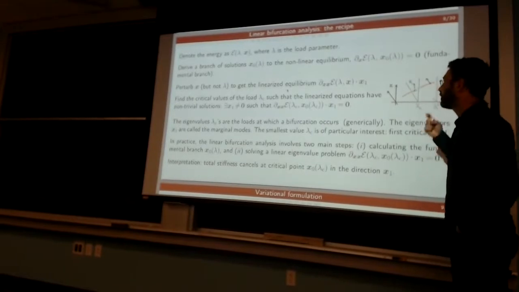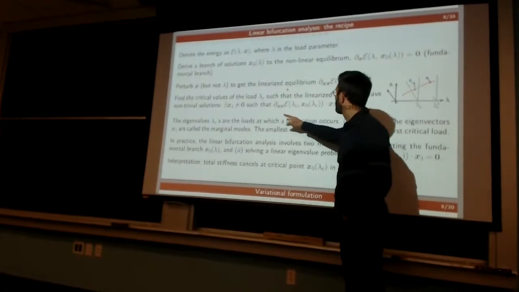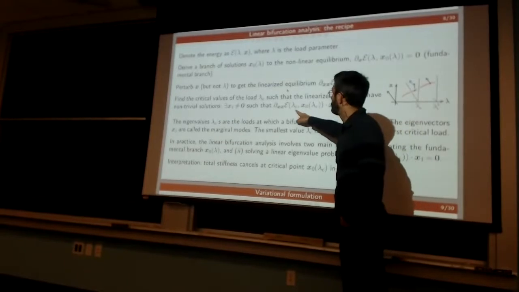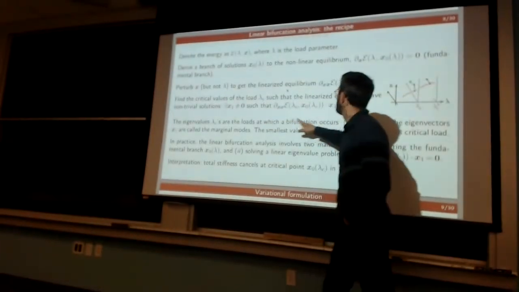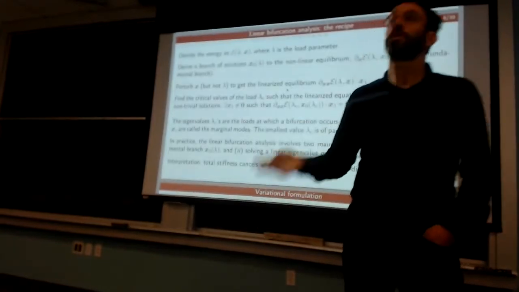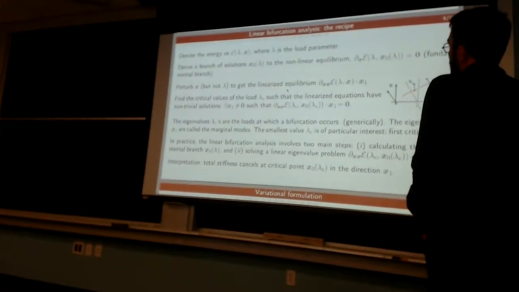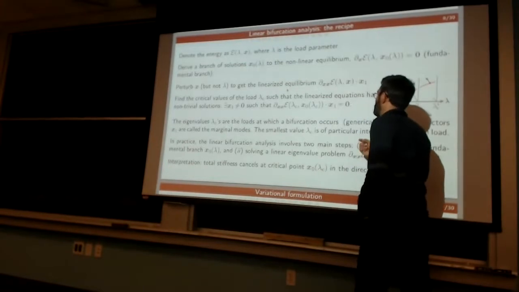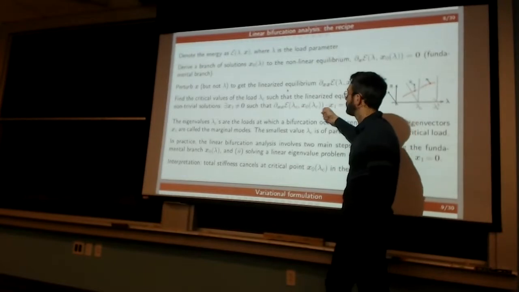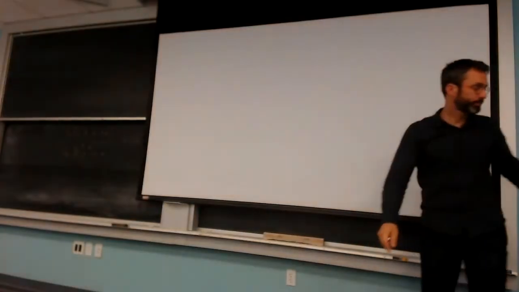Now we are trying to solve these linearized equations, and we are interested in the special values of the load lambda, which we denote by lambda c because they are called critical, such that it's possible to find increments x1 that are not zero, which satisfy the linearized equations. In general, it's not possible. Typically this could be positive definite, so that's not possible unless x1 equals 0. But then there are some values of lambda where this is possible.